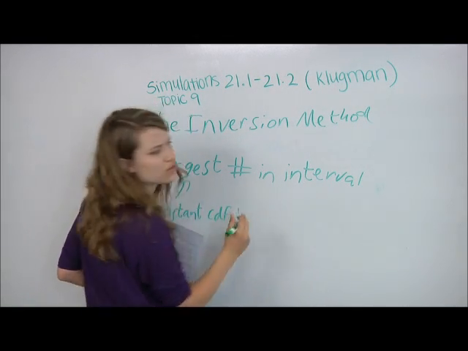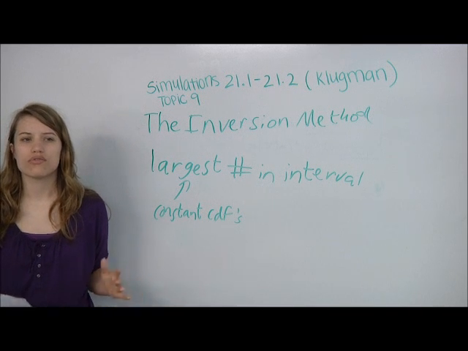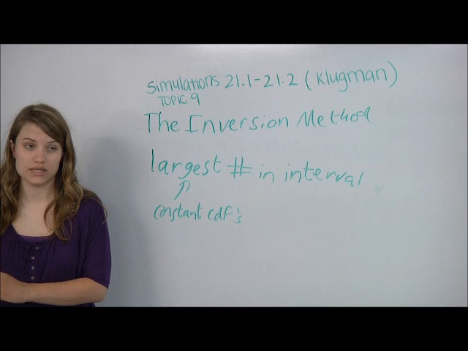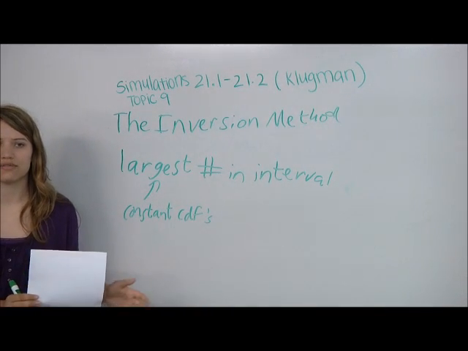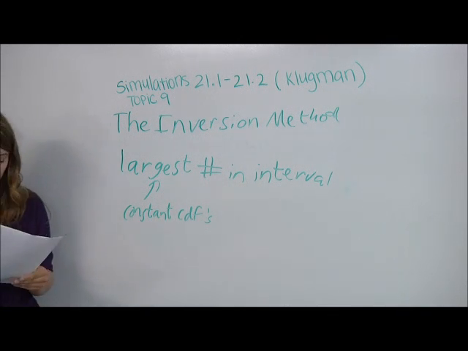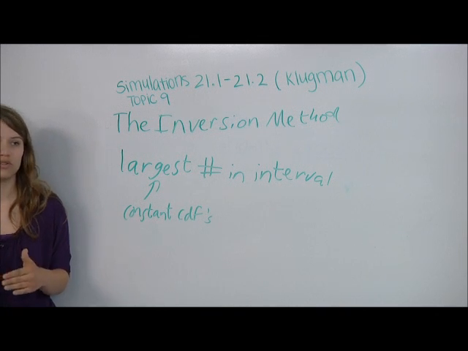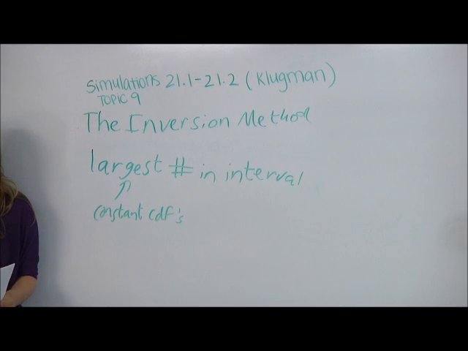And this really just goes back to the idea that when you have a random number generator, frequently they don't generate up to the value of 1, so they tend to be biased a little bit more towards the lower half, so you want to compensate for that. And just another note is sometimes it can be difficult to tell exactly where a number fits in for the cumulative distribution function.